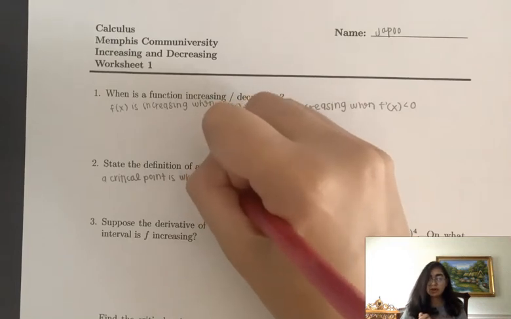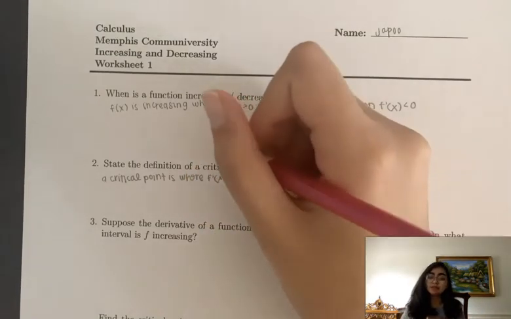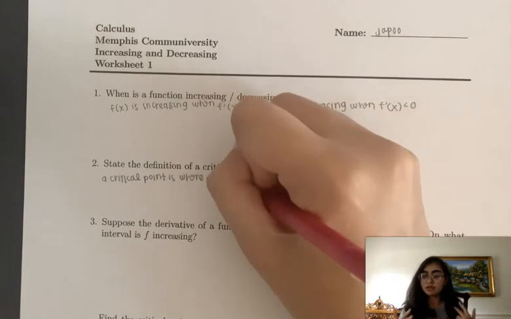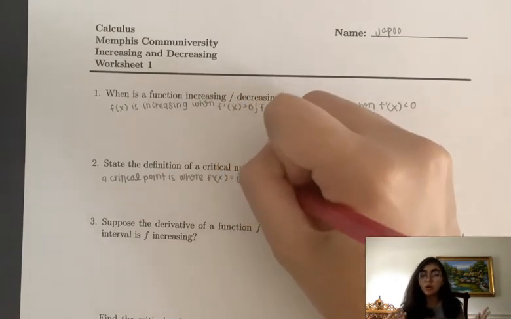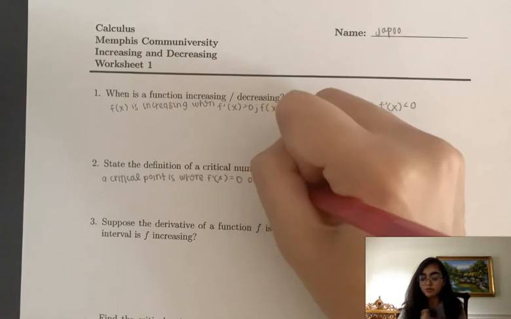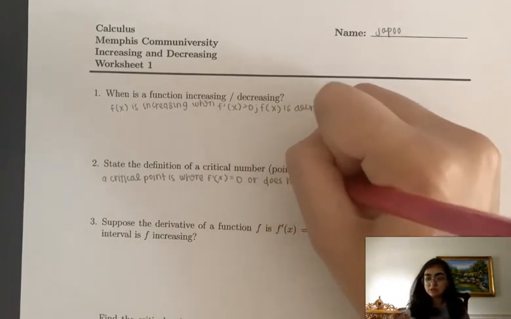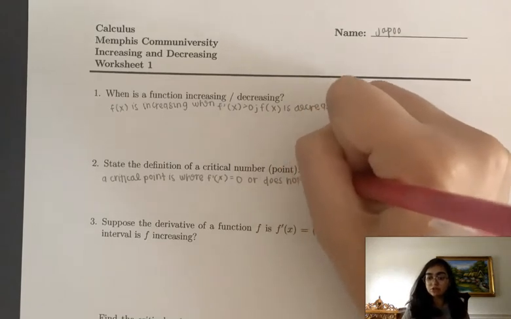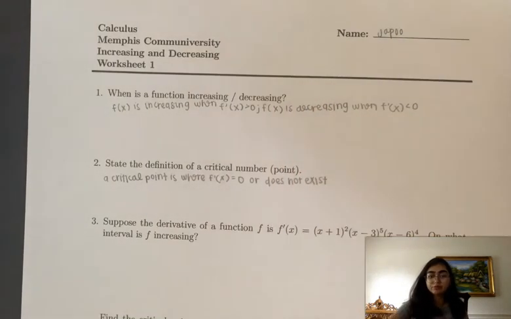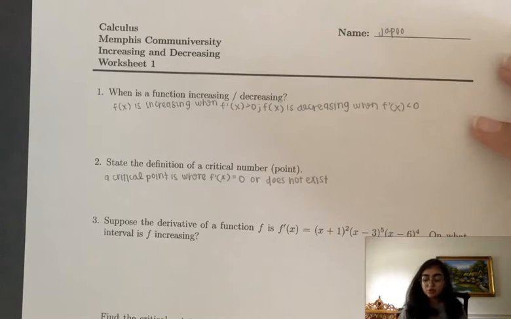Whenever we have a problem that asks us to find whether a function is increasing or decreasing, or to find a critical point of a function, we're going to follow these steps. We're first going to take the derivative of the original function to give us an f prime graph. Then we're going to factor the derivative as much as possible.